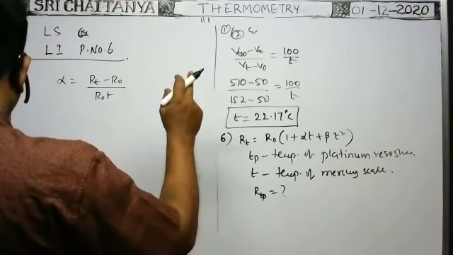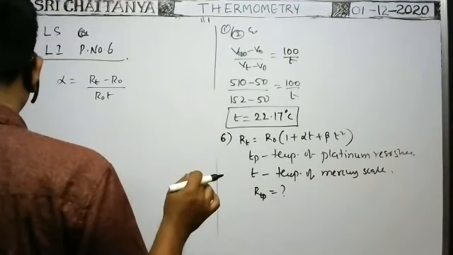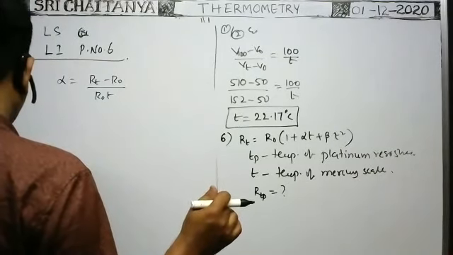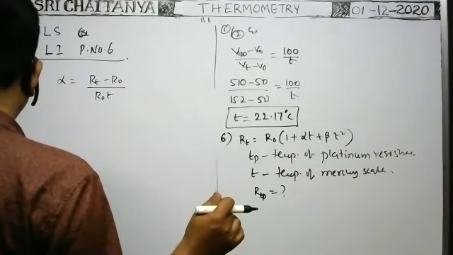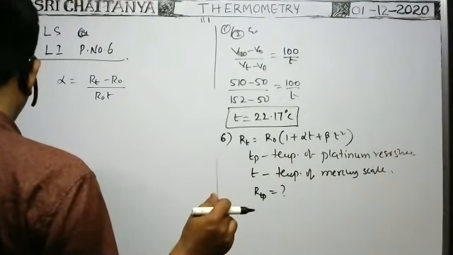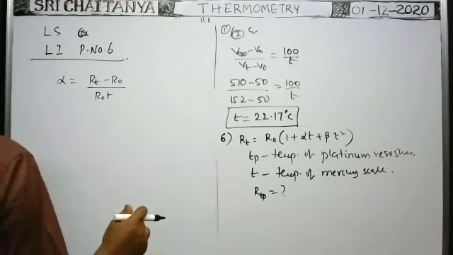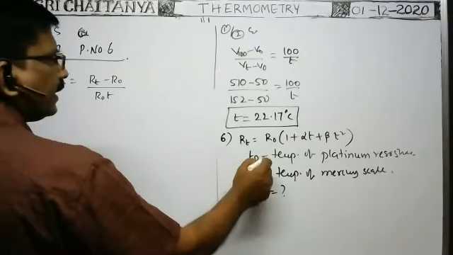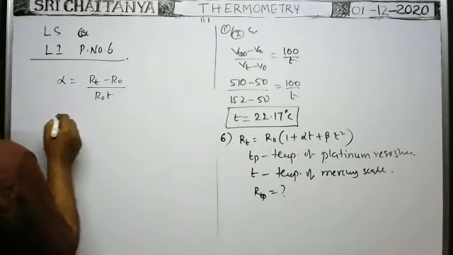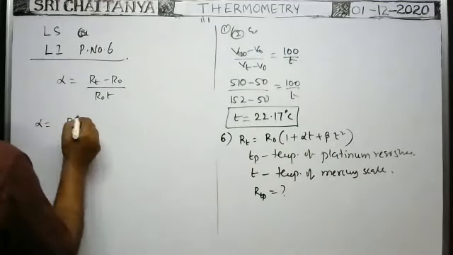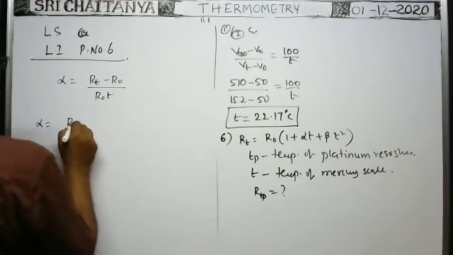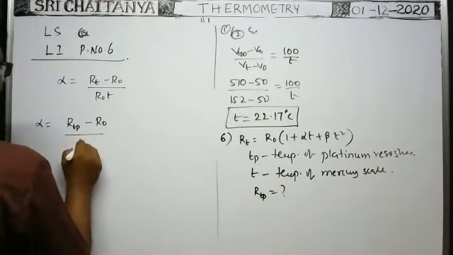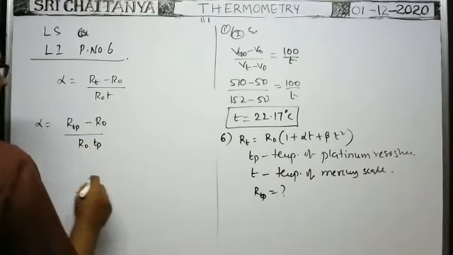Here, at 0 degrees centigrade and at 100 degrees centigrade, a platinum resistance thermometer is constructed which reads 0 degrees centigrade at ice point and 100 degrees centigrade at the steam point. So now at any temperature Tp of the platinum resistance, alpha is equal to (RTP minus R naught) by (R naught into Tp), where RTP is the resistance at temperature Tp.